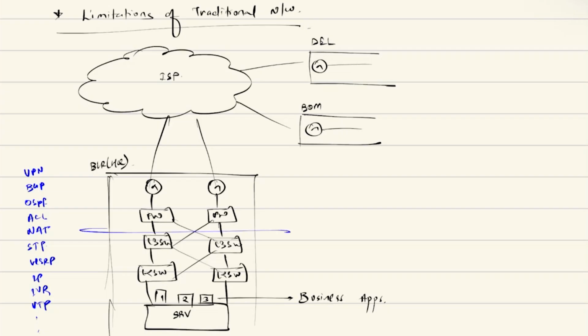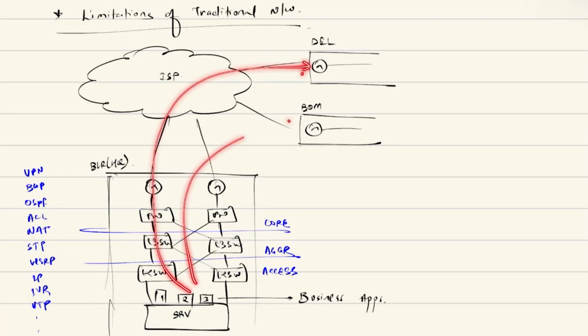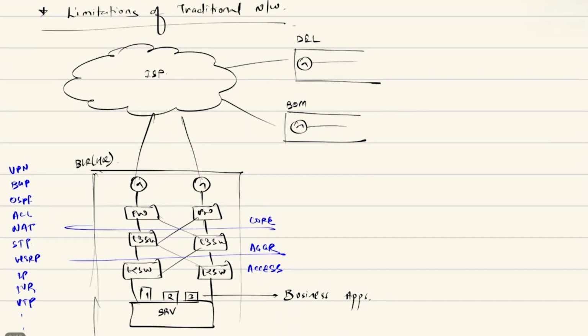And this can be considered as the core of the network. This can be the aggregation of the network, and this can be the access layer of the network, right? And in this case, the traffic will actually flow and communicate over here, right? So this is how usually it works.